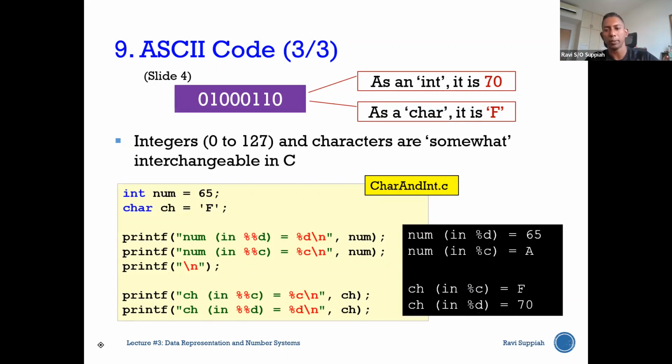The key takeaway we looked at was the interpretation of data. If you remember the example we discussed, when I declare a variable num and put a value of 65, even though the value is 65, what does it mean? It means the ones and zeros occupy a value of 65. And what is 65?